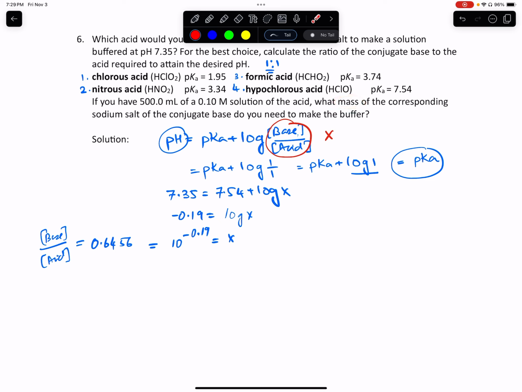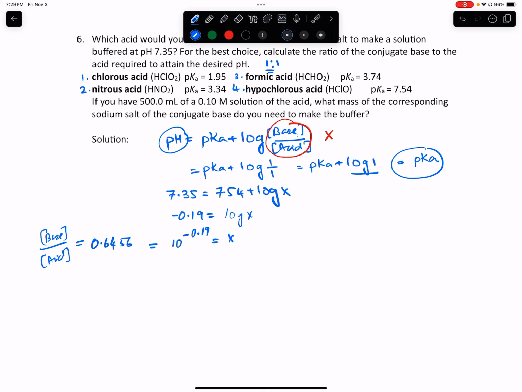The molar mass we can find because we know what acid we're going to choose. We just replace the H in the acid with sodium, and then compute the molar mass. For the moles, we use the volume and the concentration of the acid. Let's go ahead and do that.